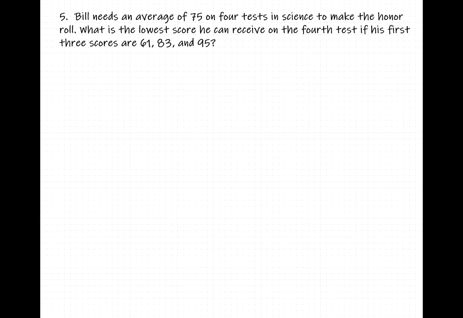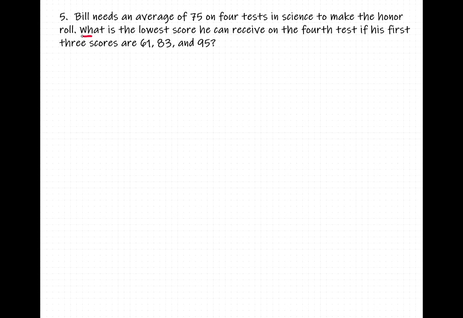So Bill needs an average of 75 on 4 tests in science to make the honor roll. What is the lowest score he could receive on the 4th test if his first 3 scores are 61, 83, and 95? Now, what are we looking for here?